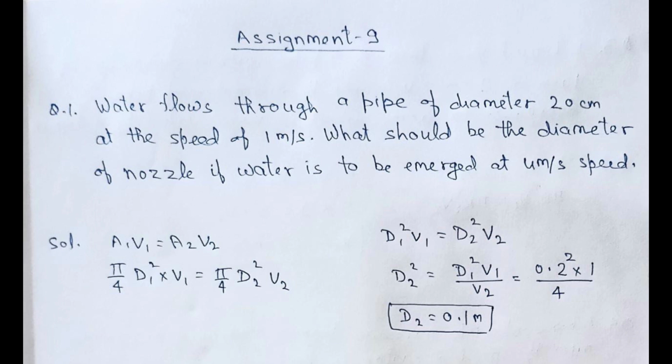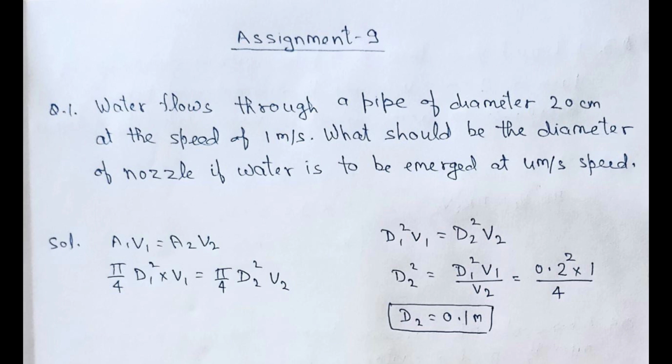So we can use the formula A1 V1 equal to A2 V2. Now area for the circular pipe is pi by 4 D1 square multiplied by V1 equal to pi by 4 D2 square multiplied by V2. Pi by 4 will be cancelled out, so we can write D1 square V1 equal to D2 square V2.